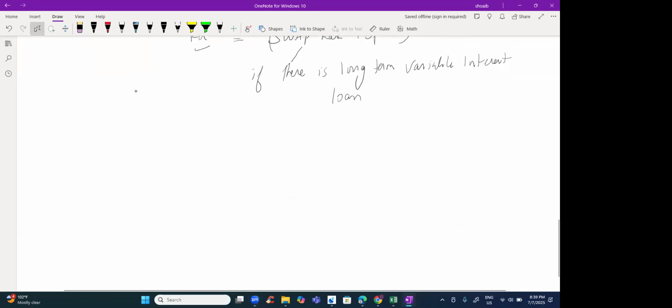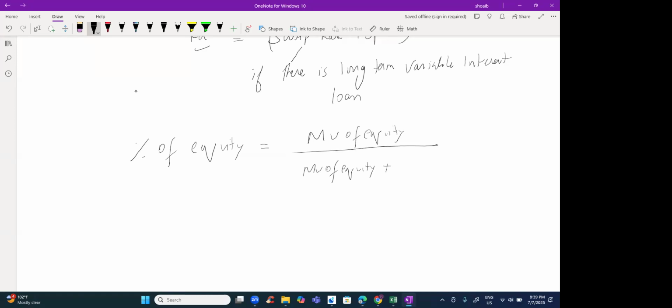Okay, sir. Next, proportion of equity. You will take market value of equity, obviously in a public listed company; in a private company it would be book value, divided by market value of equity plus book value of debt. So why, sir?